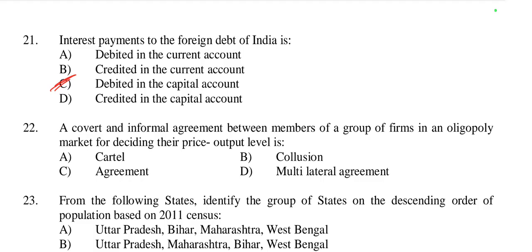So this reflects the payments made to foreign creditors, which reduce the country's income from foreign sources. So it is debited in the, sorry, not capital, it is debited in the current account. Interest payment on the foreign debt of India is debited in the current account.